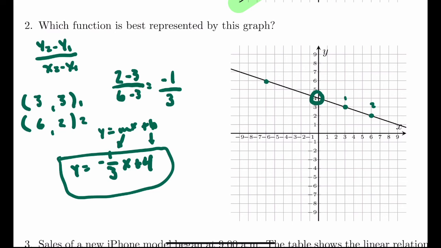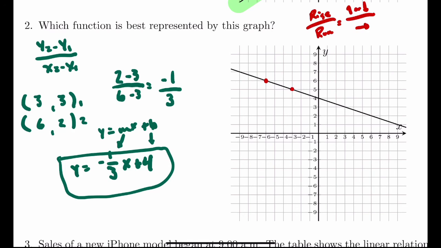Let's do the other way with rise over run. Again, we're going to get the same exact answer. It's just for practice. Well, here's a point right here. Here's a point right here. Remember, for rise over run, we want to go either up or down. You pick, but we're always going to go right.